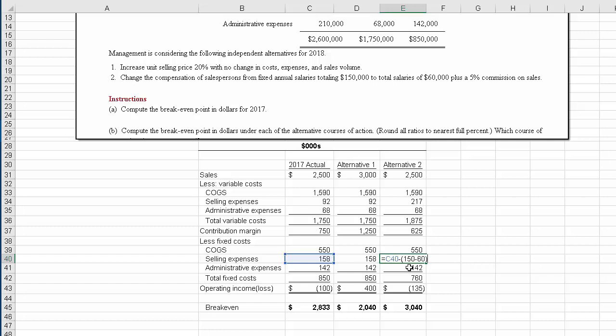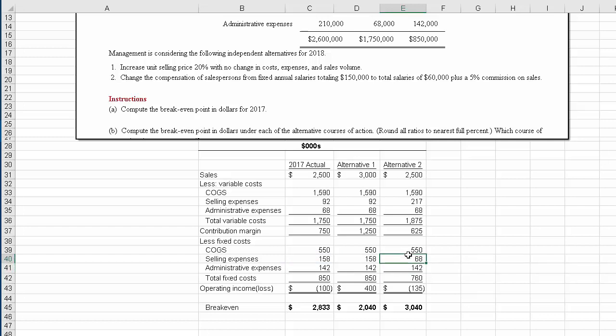We were at 150, and 60,000 will continue to remain. The difference, 150 minus 60, is 90,000. We'll take 90,000 out of that number, it gets to 68,000.